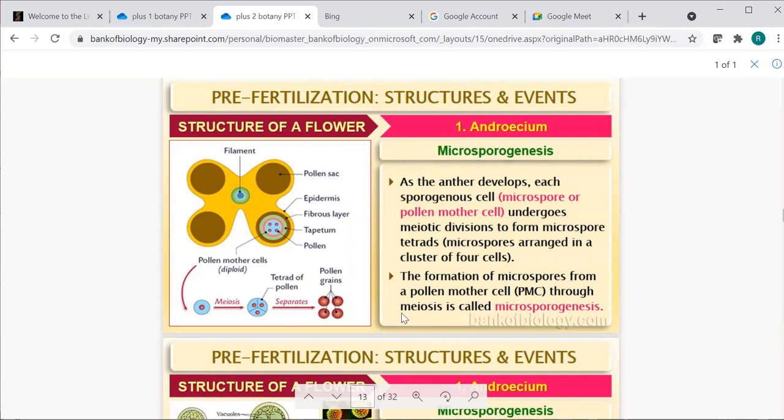That becomes a 2-celled stage. And after further mitosis, it becomes a 3-celled stage. Meiosis, then mitosis, forming the 2-celled stage. Then again mitosis forms the 3-celled stage. Understood?